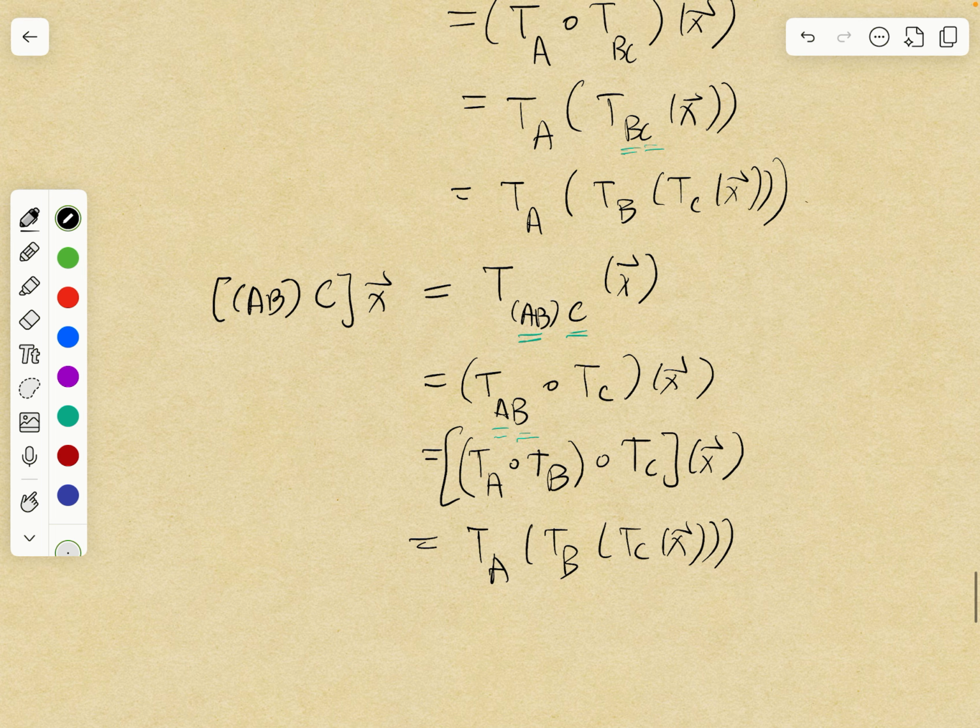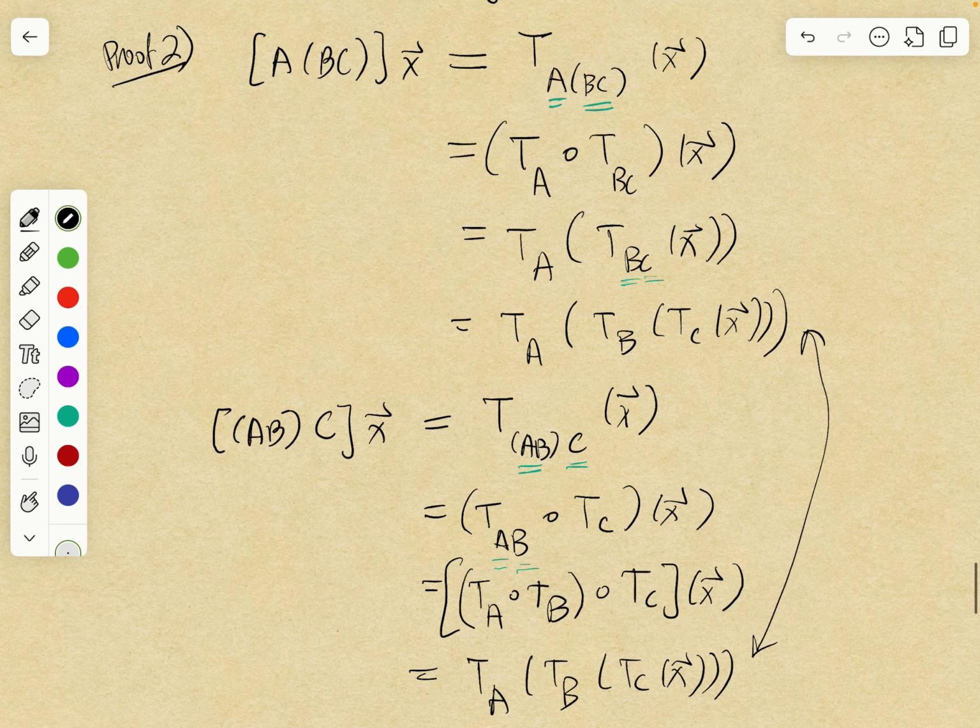And now you see that I have the same thing, right? These two are the same. So what that shows is that the result of taking this matrix and multiplying it by X is the same as the result of taking that matrix and applying it to X, because they're both equal to this. Therefore, these two matrices that I underline in purple, they're the same matrix.